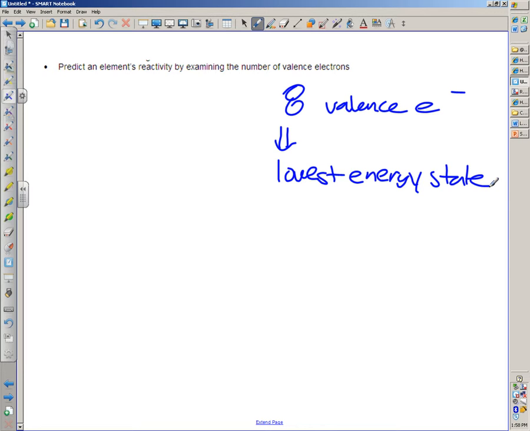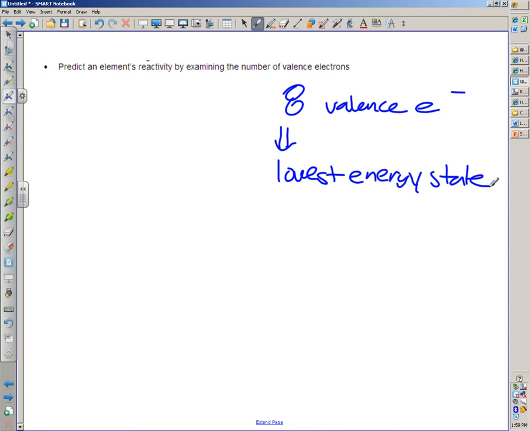How many valence electrons do halogens have? 7. What are they looking to do? Gain 1. Halogens are very reactive because they only need to gain 1 electron. They're very close to having 8. That doesn't make them more stable, it actually makes them less stable because they want that one last electron.